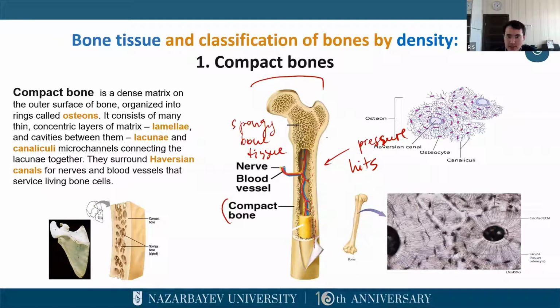And the thing is, if we fill the whole bone with this compact tissue, of course, we can make these canals, etc., to get our vessels and nerves inside.